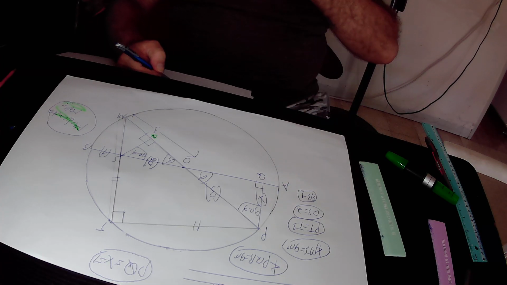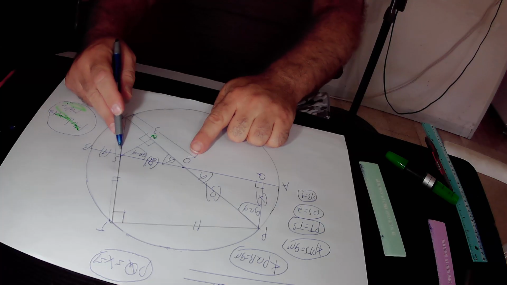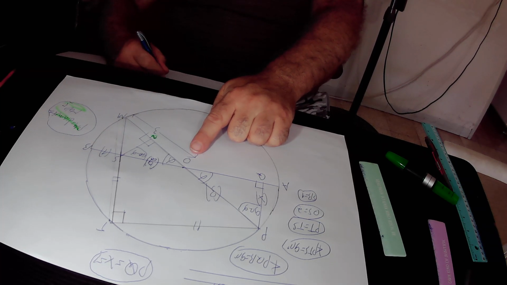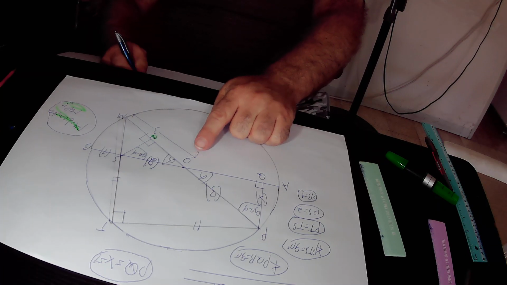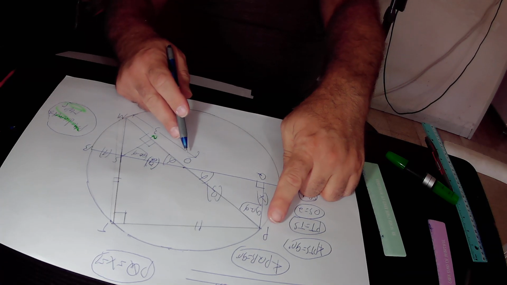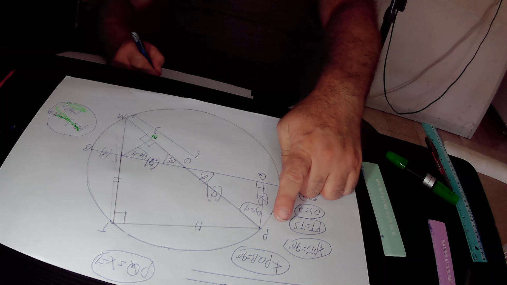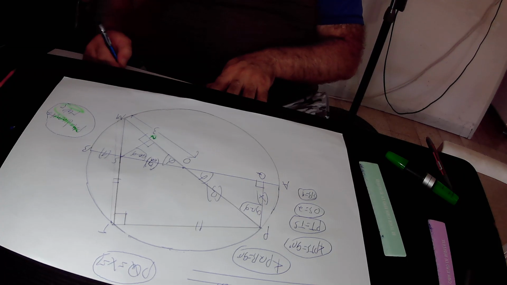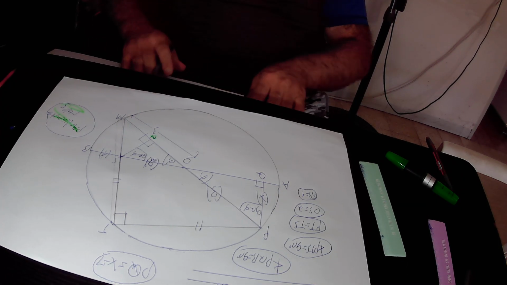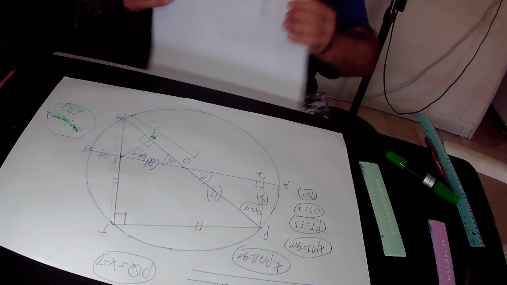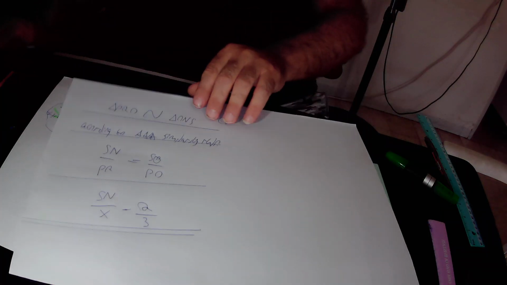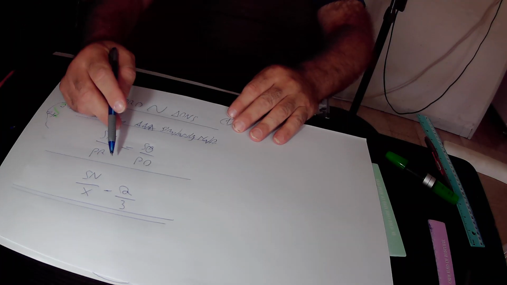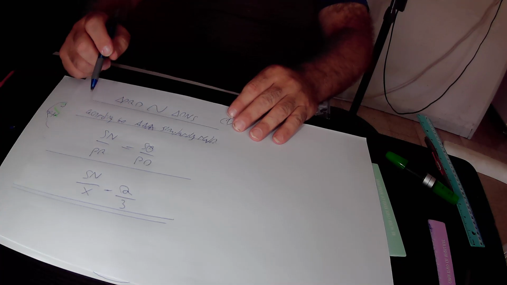And it is equal to SO according to what is given in the question. SO equals 2 units in its length over PO. PO is the radius of this circle, it equals 3 units in its length. So in total, we should find out that SN over x equals 2/3.